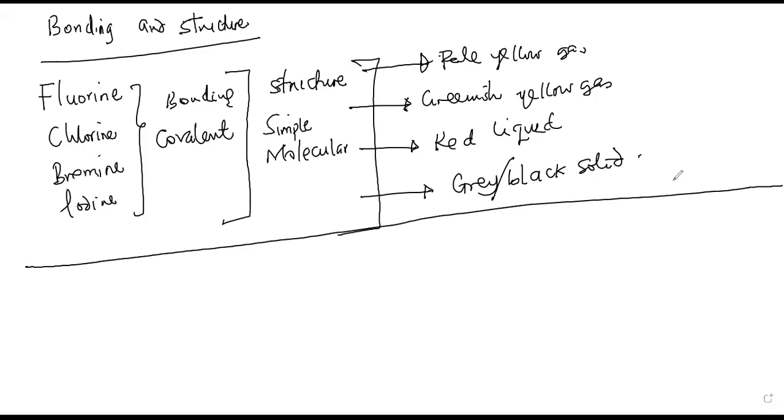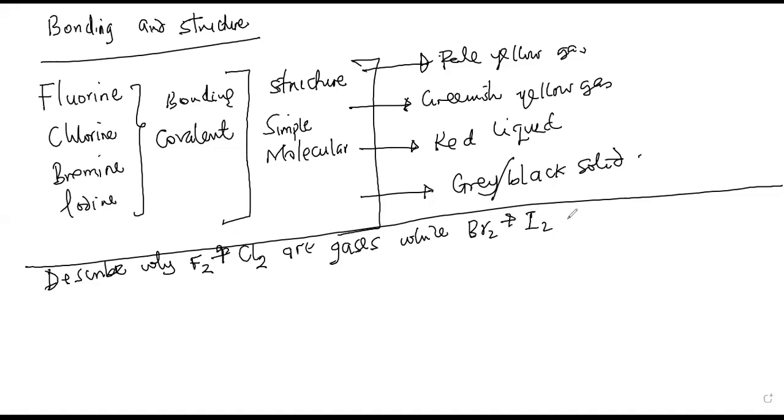They can ask you to describe why fluorine and chlorine, which are diatomic, are gases while bromine and iodine are liquids and solids respectively at room temperature. What brings about that?